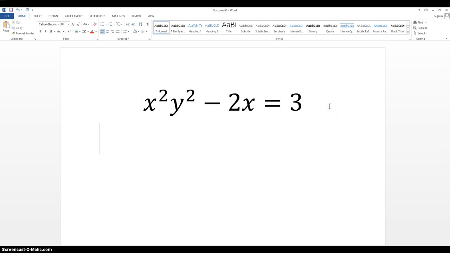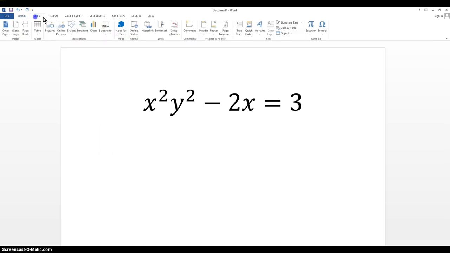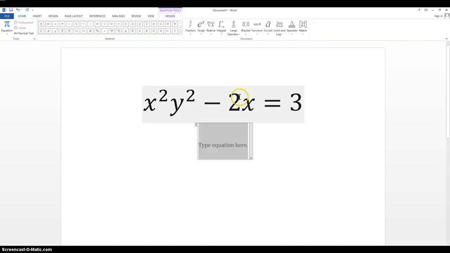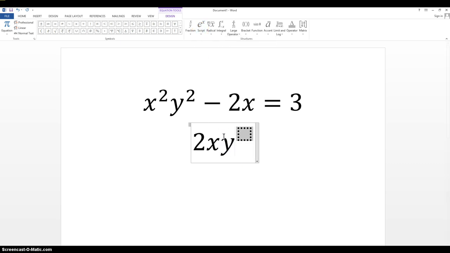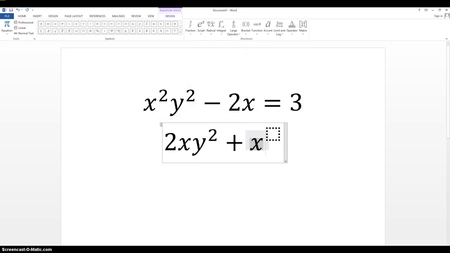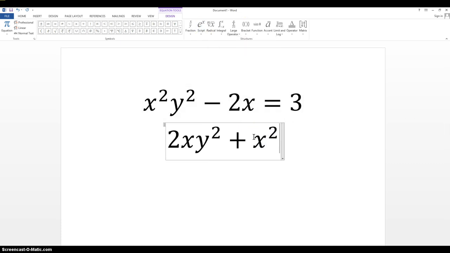So let's go ahead and start off. Okay, so we have the derivative of the first, which in this case would be 2x, times my second, which is simply y squared, plus the first, which is x squared, times the derivative of my second. What's going to be the power rule, right?